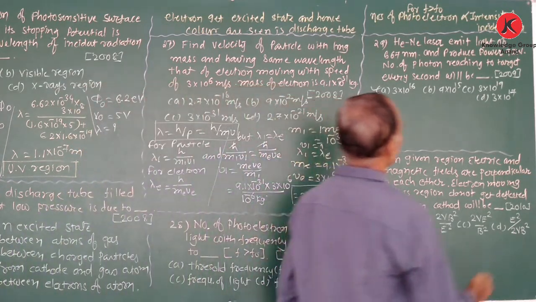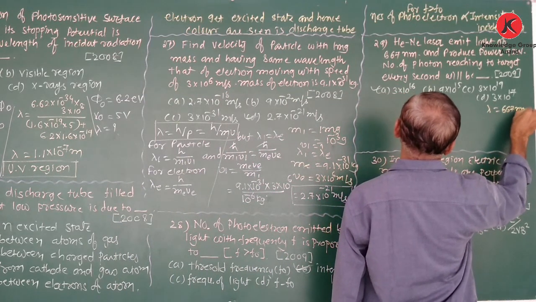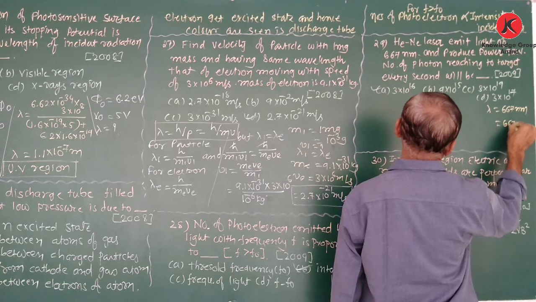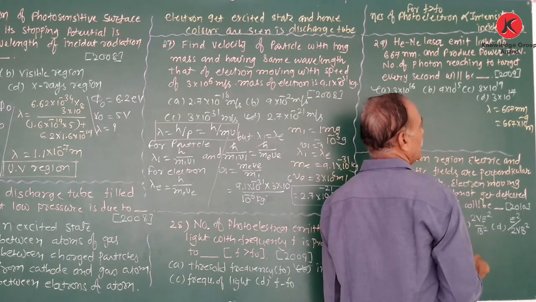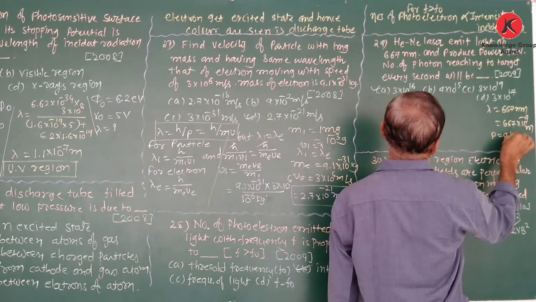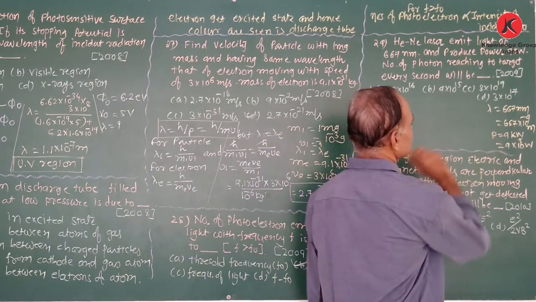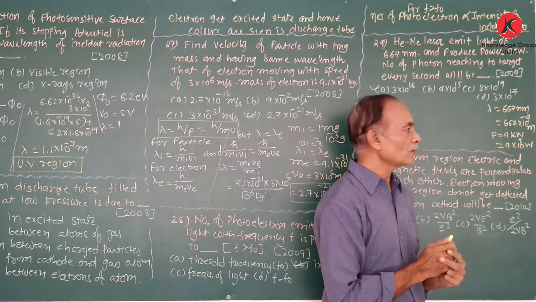Here the wavelength lambda is given as 667 nanometer, so it is equal to 667 into 10 to the power minus 9 meter. Also the power P is given as 9 kilowatt, that means 9 into 10 to the power 3 watt.